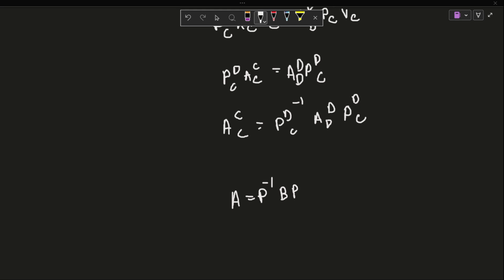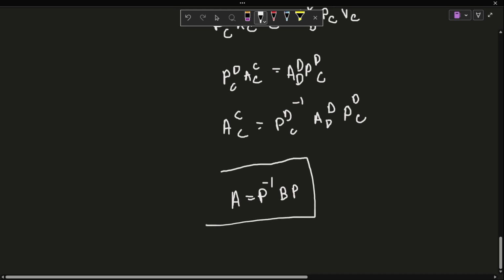Okay? And that's the main gist here. And this is an equation for what we call similarity in linear algebra.